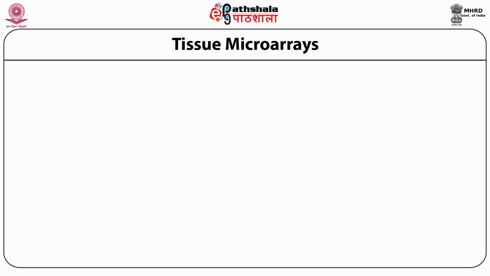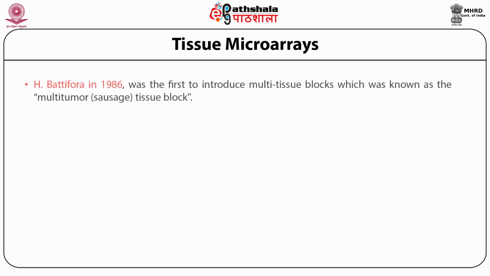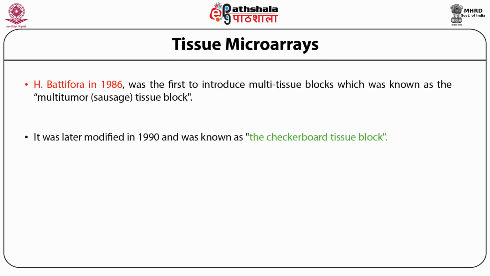Applications of tissue microarray. H. Battifora in 1986 was the first to introduce multi-tissue blocks, which was known as the multi-tumor sausage tissue block. It was later modified in 1990 and was known as the checkerboard tissue block.